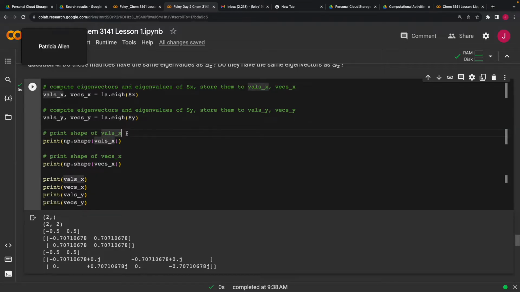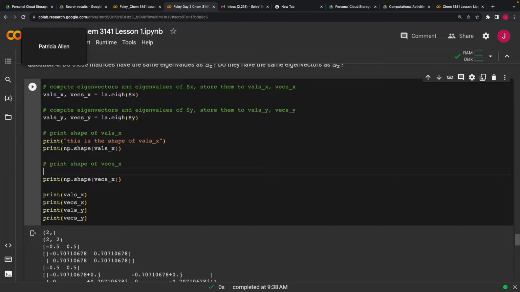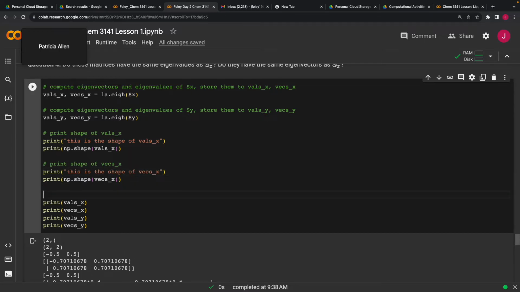If you're finding yourself getting a little bit overwhelmed by these lines of numbers over and over again, which I myself do, you can feel free to add a print statement above each line that says, like, this is the shape of vals x. Print this is the shape of vex x. Print these are the eigenvalues of Sx.